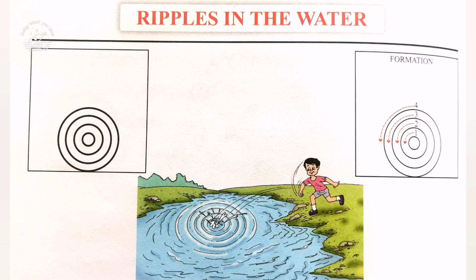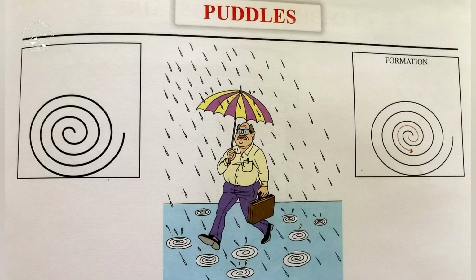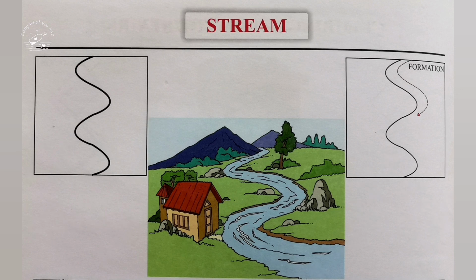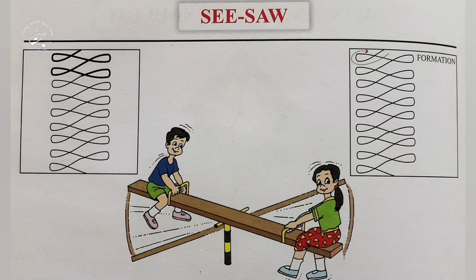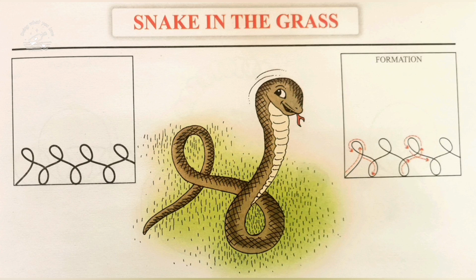With this I think we can learn in shapes. Then the puddles, that is a spiral, and a stream, you can see a vertical wavy line, a wavy line which is drawn vertically. And this is a kind of sawtooth line, and then another loop line, again another loop line, and so on.